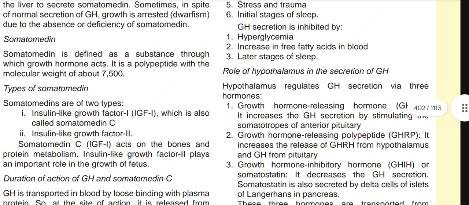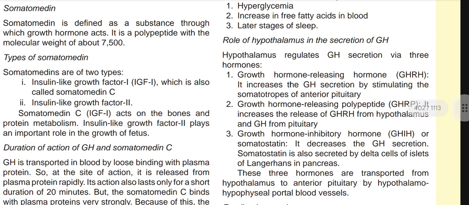Now, role of the hypothalamus in the secretion of growth hormone. The hypothalamus regulates growth hormone secretion via three hormones: growth hormone releasing hormone, growth hormone releasing polypeptide, and growth hormone inhibitory hormone. Growth hormone releasing hormone increases growth hormone secretion by stimulating the somatotropes of the anterior pituitary.